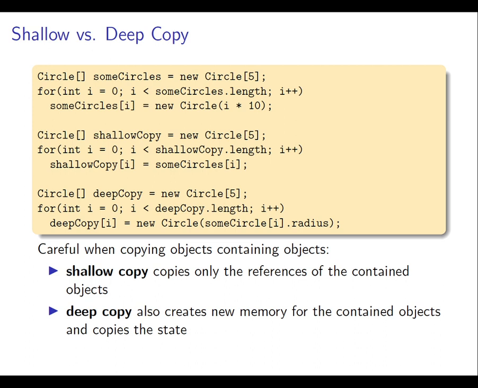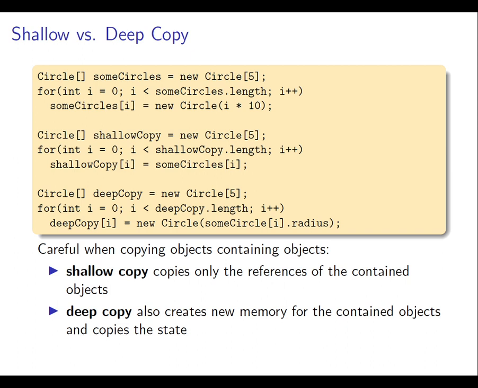You have to be a bit careful with shallow copying and deep copying. I said before that you had seen this before, maybe you hadn't in fact. Right, so what is there to say about this? Let's have a look at the code. We can set ourselves up with an array of 5 circles as before, and we can fill in each element of that array, in each case by creating a new circle of a particular radius.